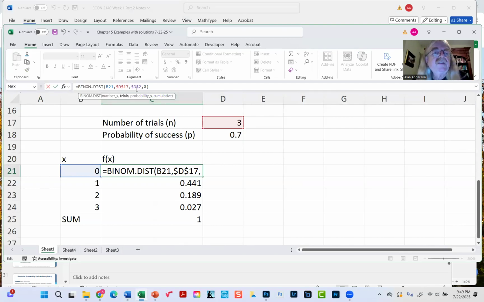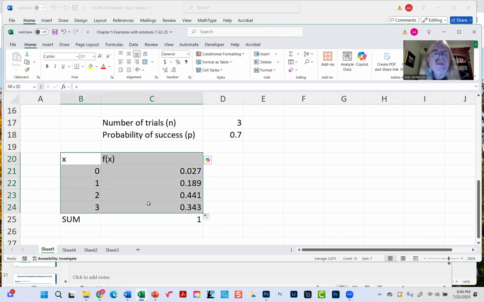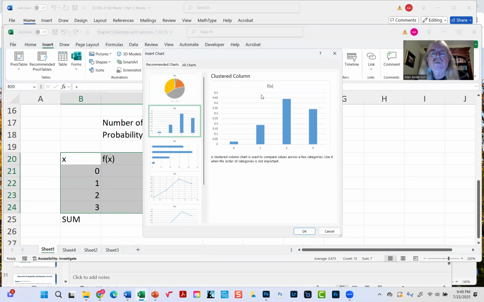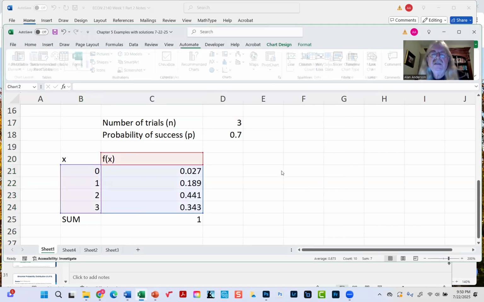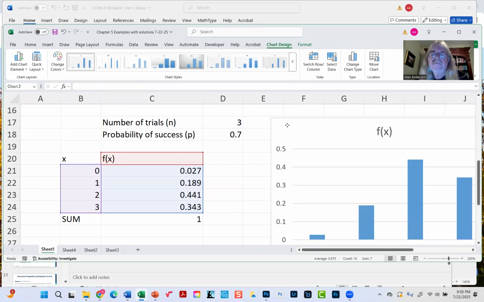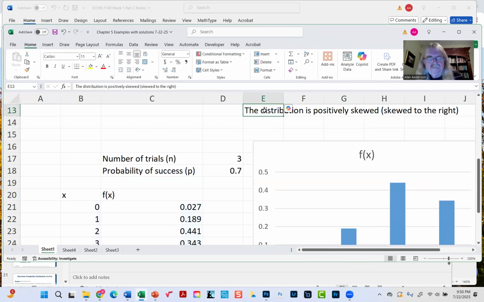And then this D2 is now D18. Then I can drag it down. They'll all update themselves. And then when I plot the graph, you can see, ooh, look at that. It's skewed to the left. So it's just the opposite.